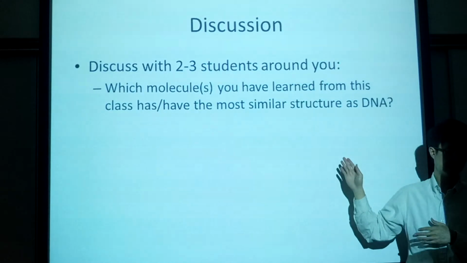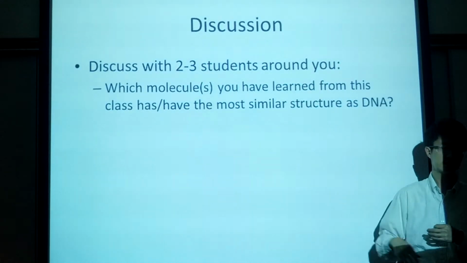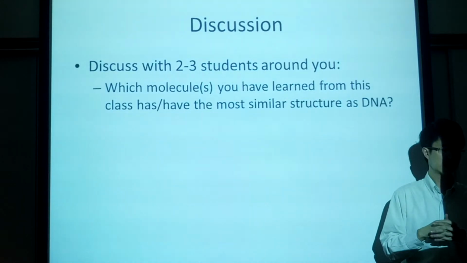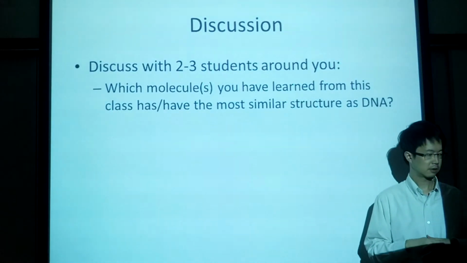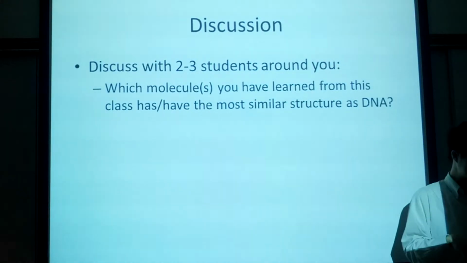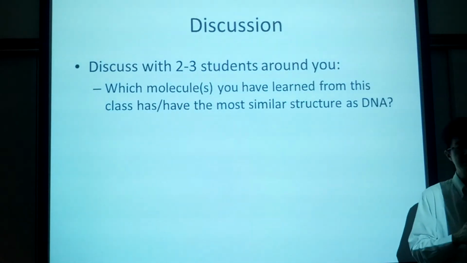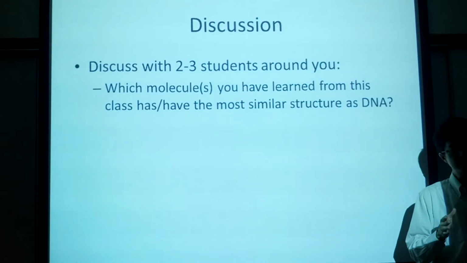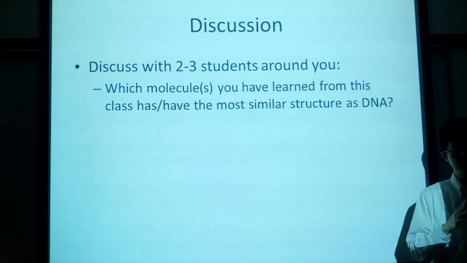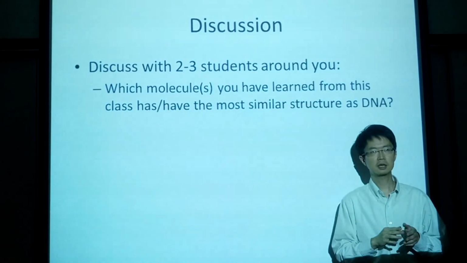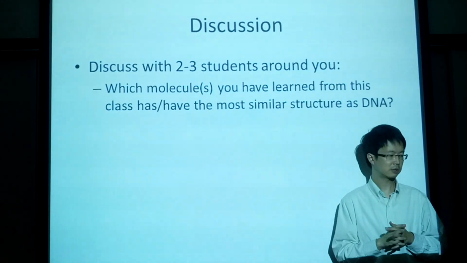Now this is the second question: one that is similar to DNA. Nucleotide is the monomer, and then DNA is the polymer. So think about these two questions when you have time, before you watch the next video, and then I'll answer these two questions in the next video.